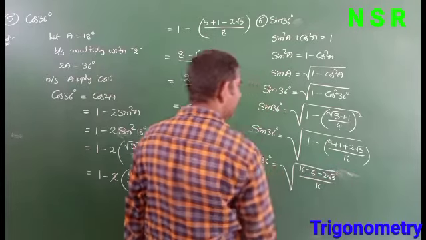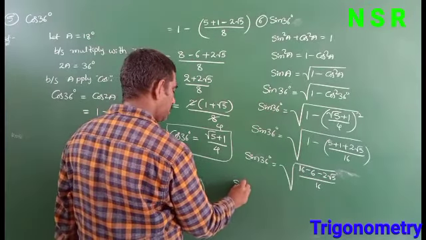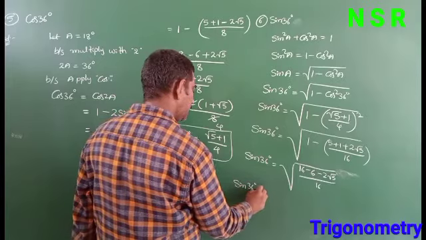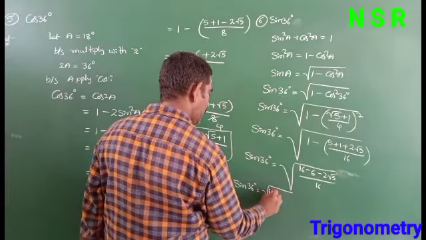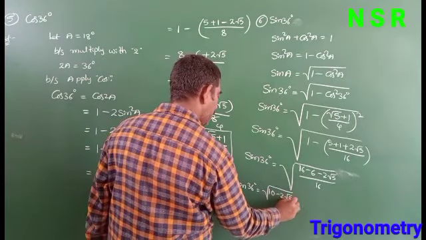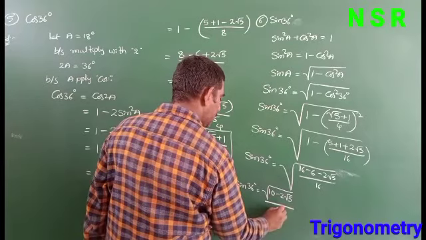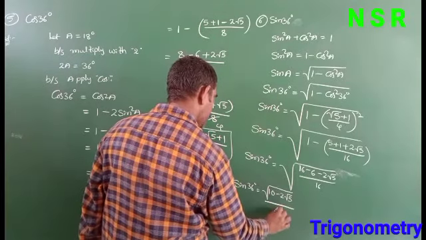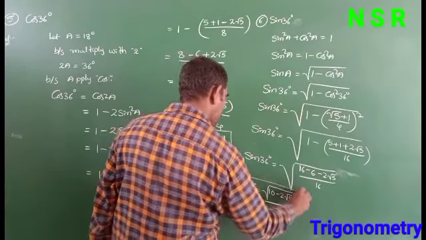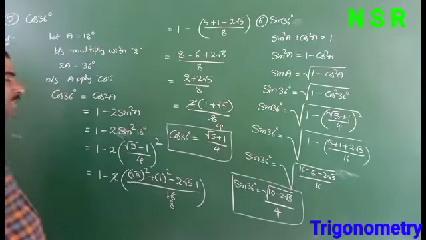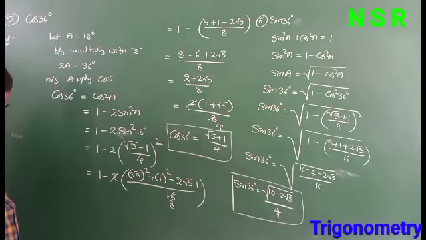So 16 minus 6 is 10. So sin 36 degrees equal to square root of 10 minus 2 root 5 by root 16 value 4. So this is the value of sin 36. So sin 36 equal to square root of 10 minus 2 root 5 by 4.